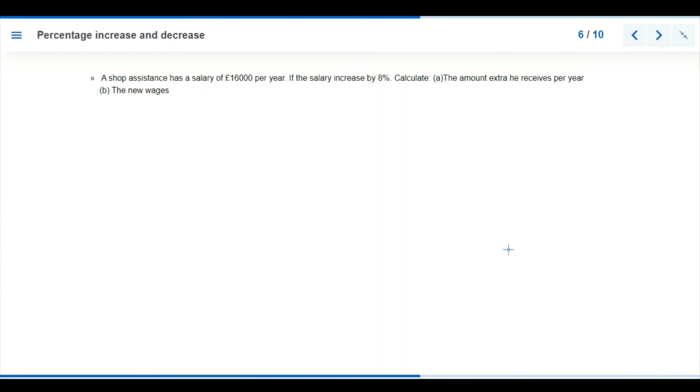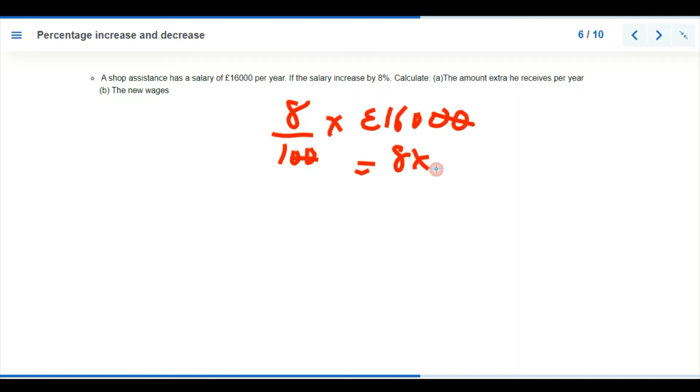Okay, so for the first one, we are going to have 8 over 100 times 16,000 euro. By the time we calculate this, we cancel this, we cancel this. So what we need to do now is multiply 8 times 160 euro, which will give us 1,280. So that is the extra amount the shop assistant got for the year.